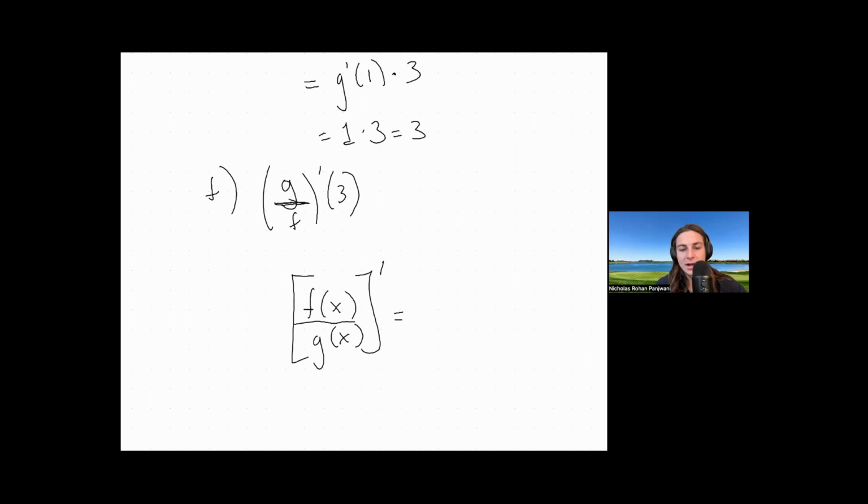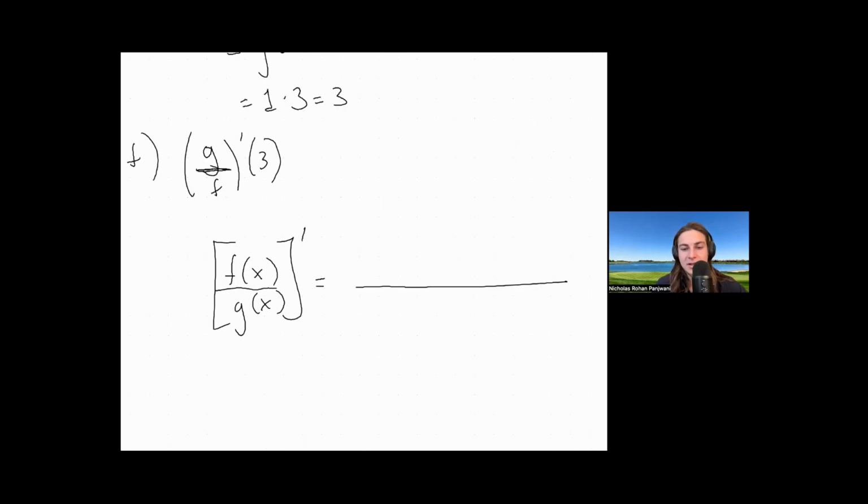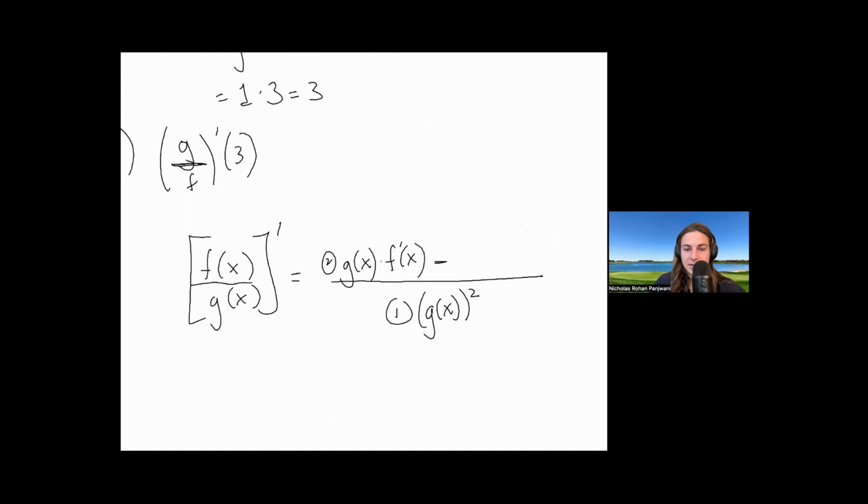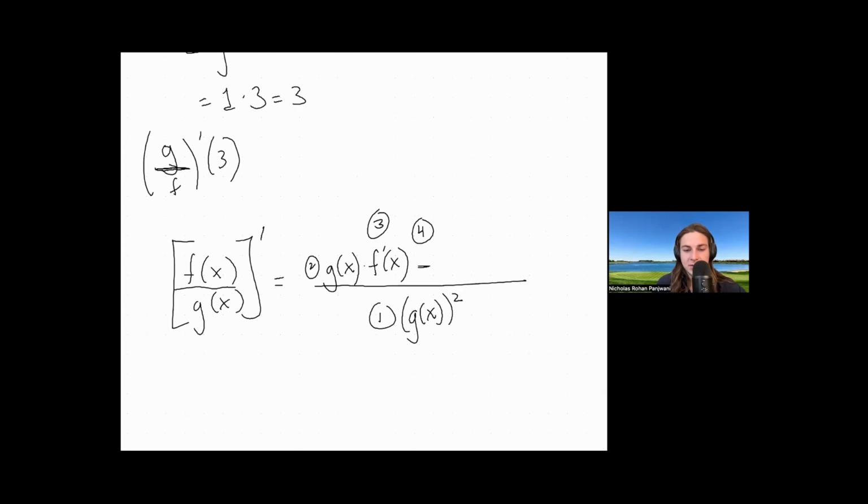This is the way that I go through that process. So the first step is to square the bottom, so g of x squared. And then step 2, I'm going to plop that same g of x on top, times the derivative of the original top, f prime of x, minus, and this minus is going to differentiate it from the product rule, which we'll see in a second.